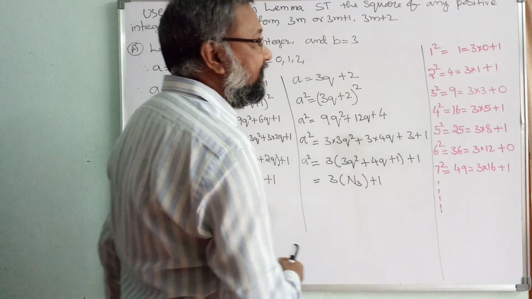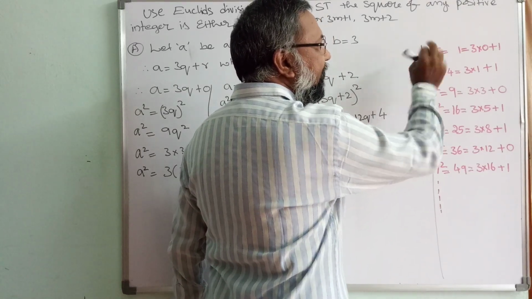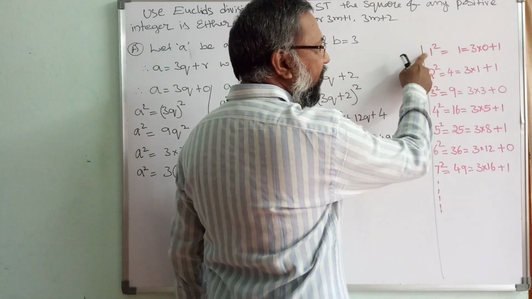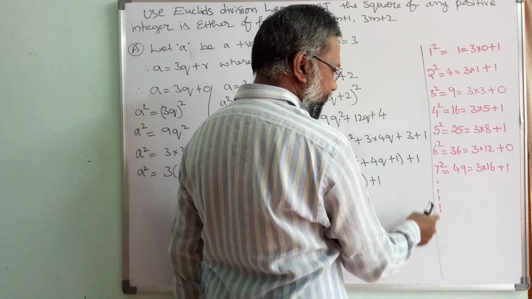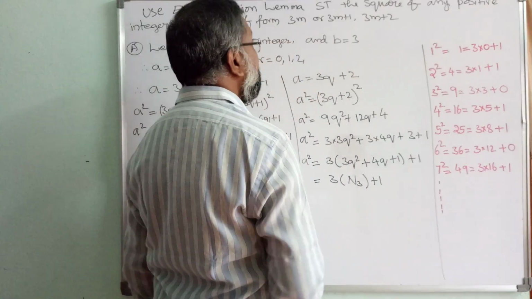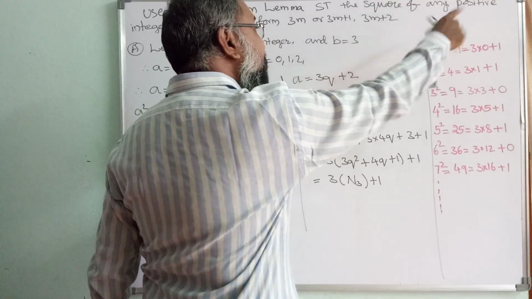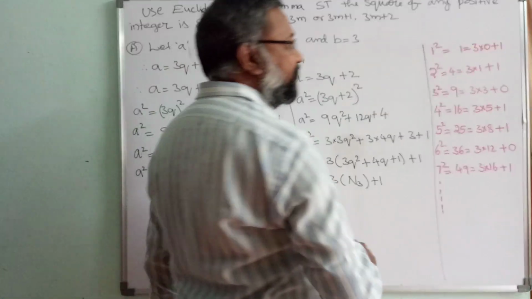Let us see the original form. This is a positive integer: 1, 2, 3, 4, 5, 6, 7 and so on. They are the positive integers. Now, the square of any positive number can be written in this form. Shall we check?